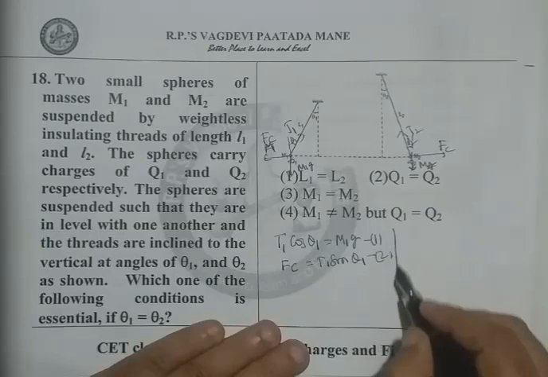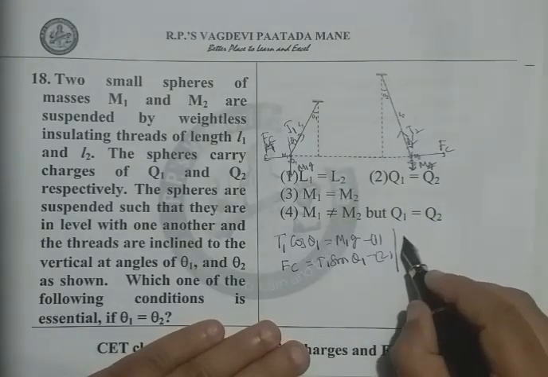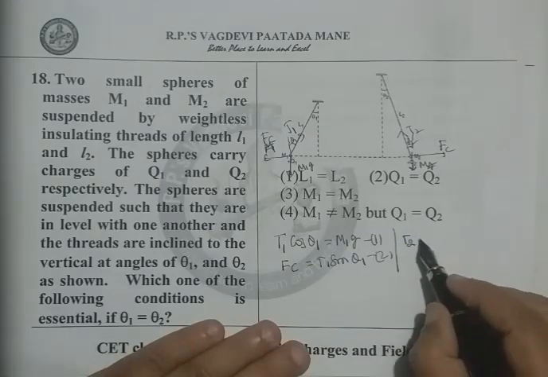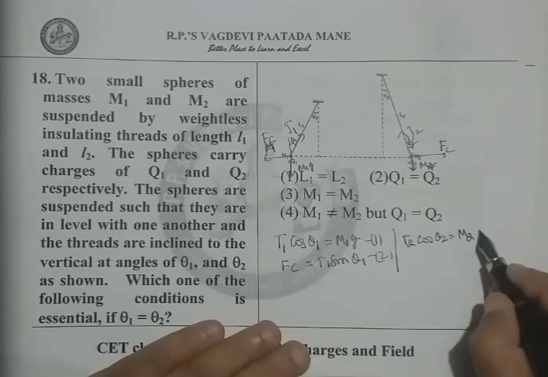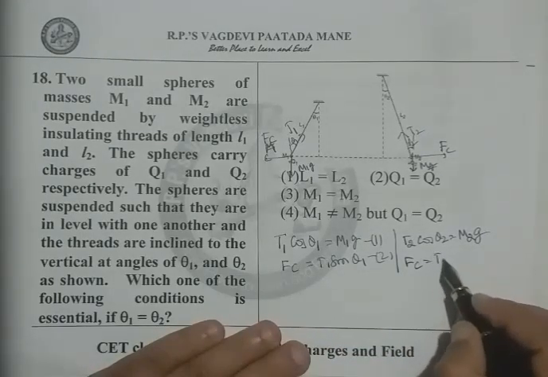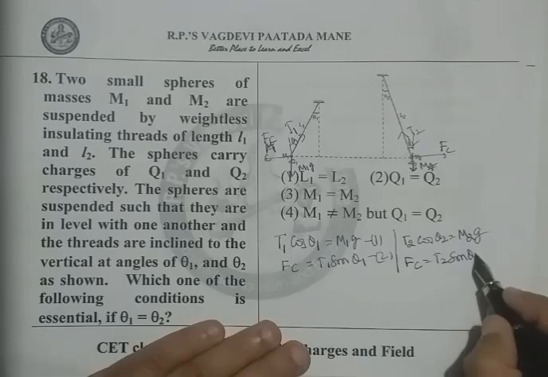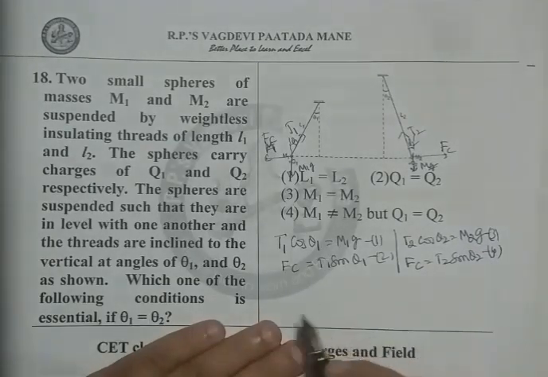I call this equation 2. In the same manner, for the right side part, I can write T2 cos theta 2 as M2G and Fc as T2 sin theta 2. These are our equations 3 and 4.